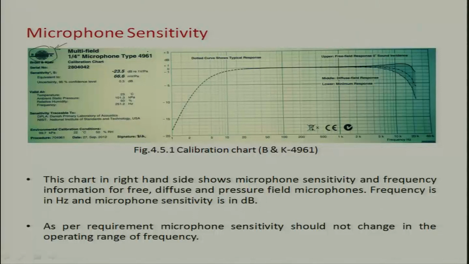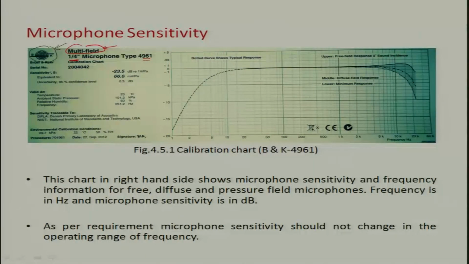This microphone is multi-field. What does that mean? It means that it will work in all 3 of these fields. And why is the diameter important? We will see later.